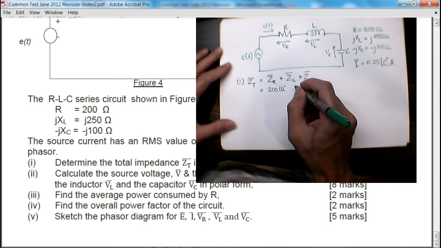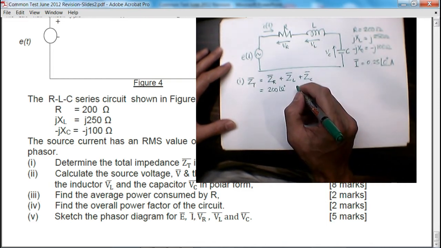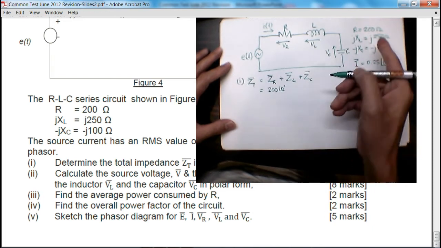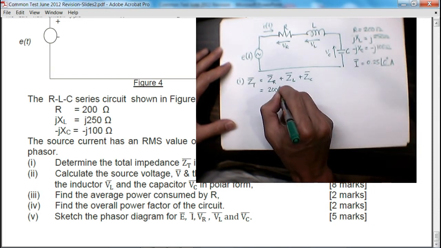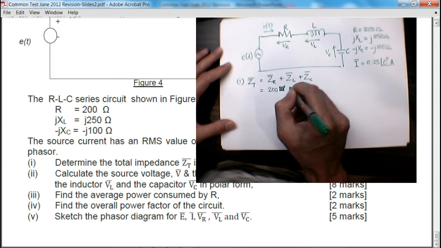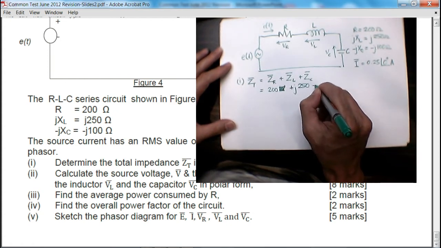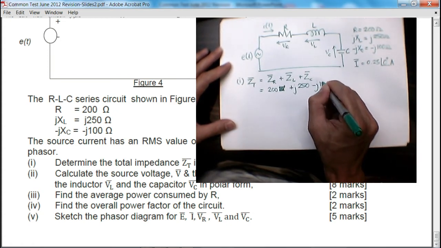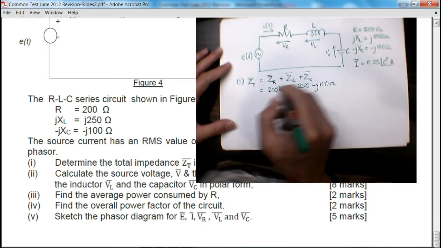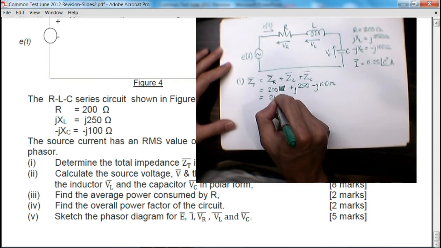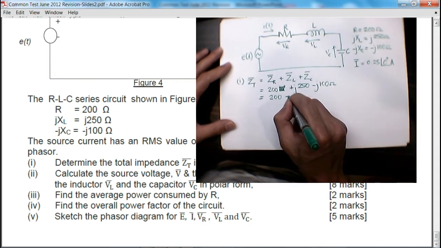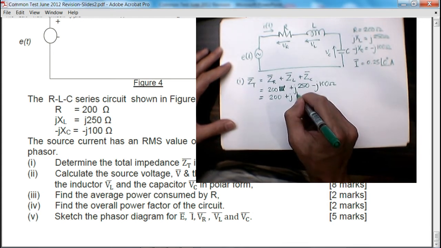The inductance, since you already provided in the rectangular form, I shall leave it in the rectangular form, plus j250 ohms and minus j100 ohms. So in rectangular form, it will be 200 plus j150 ohms.